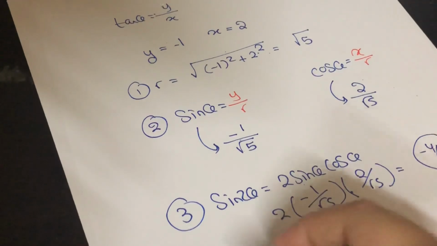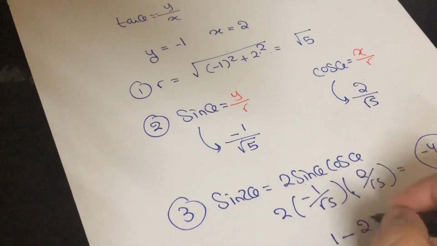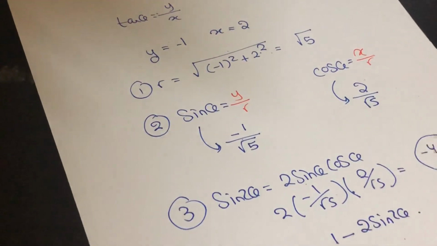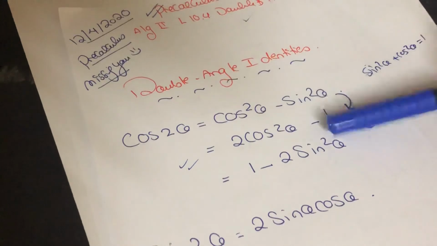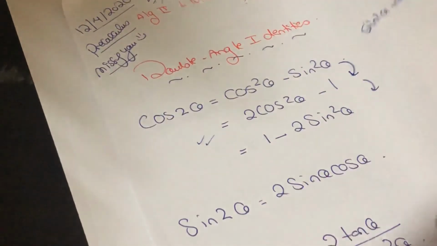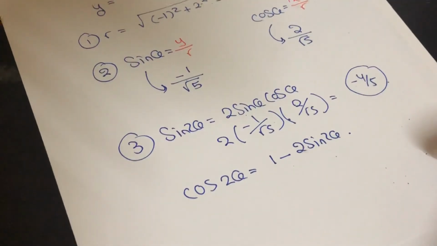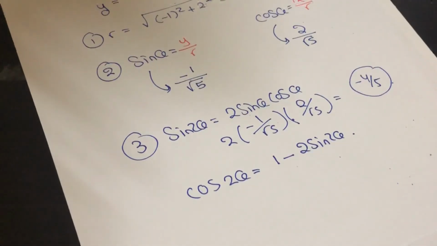And then cosine double theta, I have one that I didn't use. It's 1 minus 2 sine squared theta. Because remember, I told you there are 3 identities equal to cosine 2 theta. I'm going to use this one now. There's no problem here. In verifying or simplifying or solving, there might be a problem where you have to be strict with one of them or use one of them.